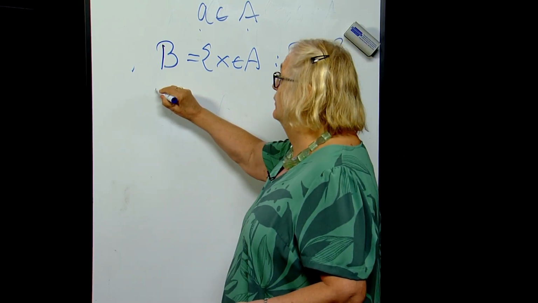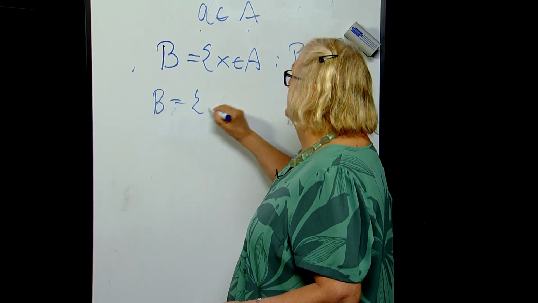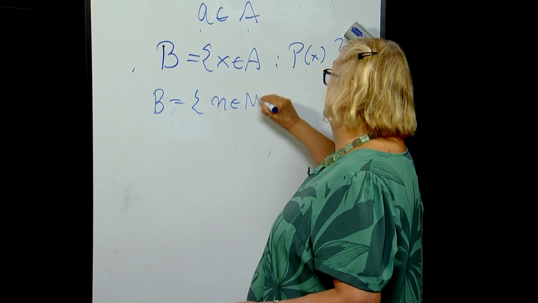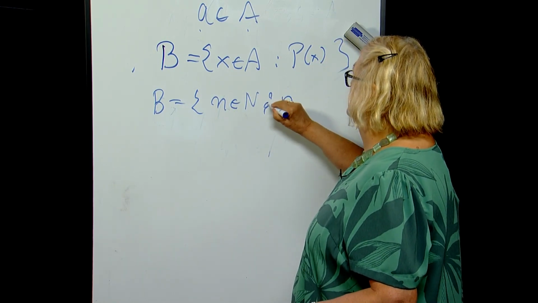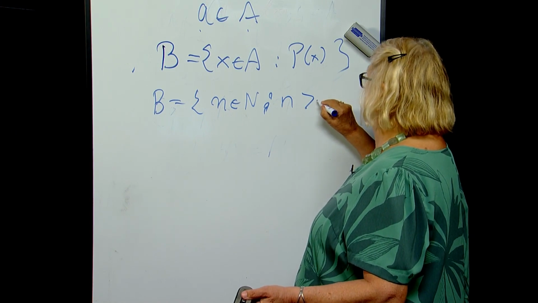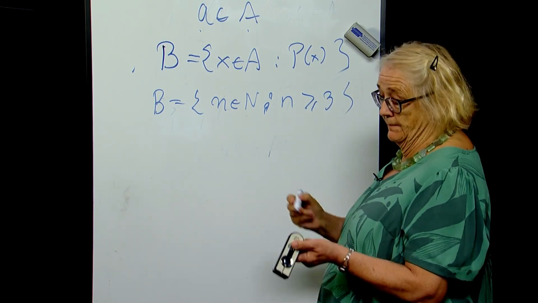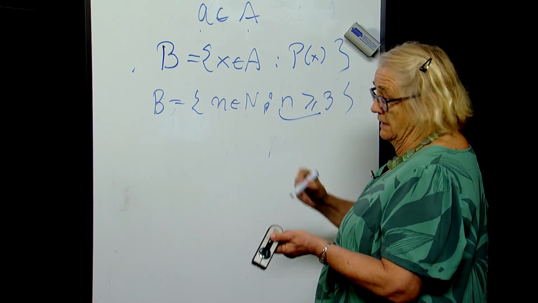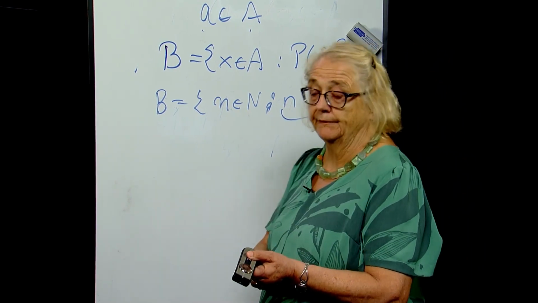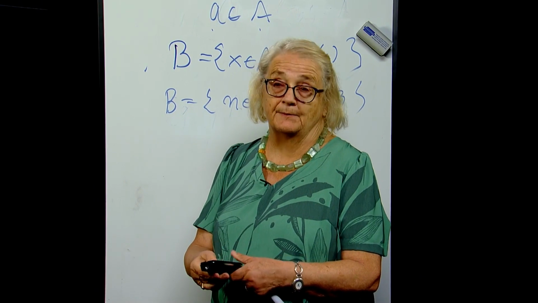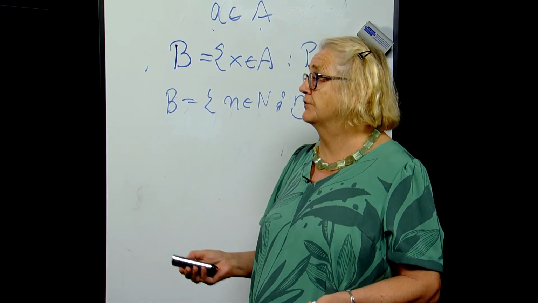So, for example, let's take the set of natural numbers n such that n is greater than or equal to 3. So it's an infinite set of all numbers. So this is a property. Some sets are given by properties, especially finite or infinite sets.